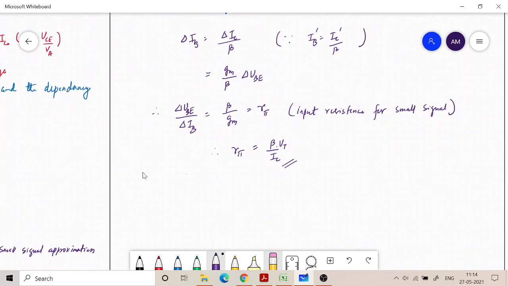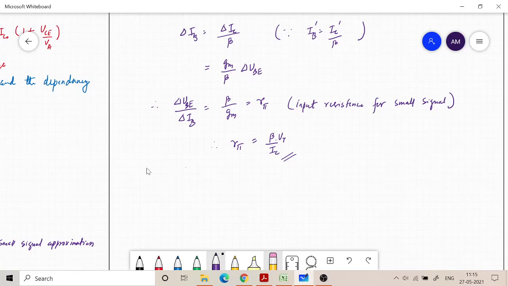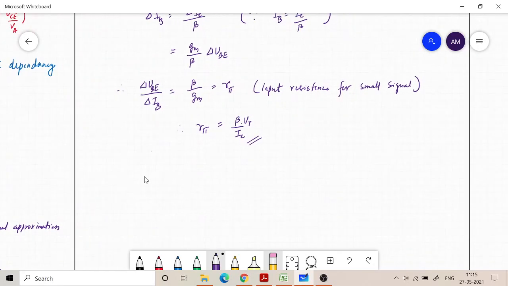Now as you can see, as the collector current increases, you can write a note again. If the DC collector current increases, then what will happen?